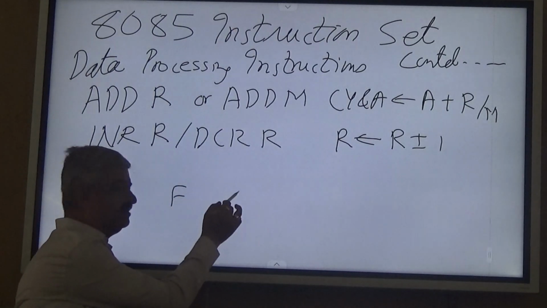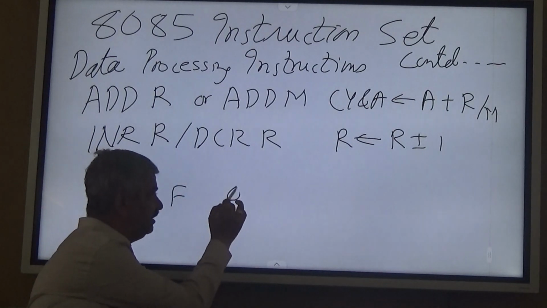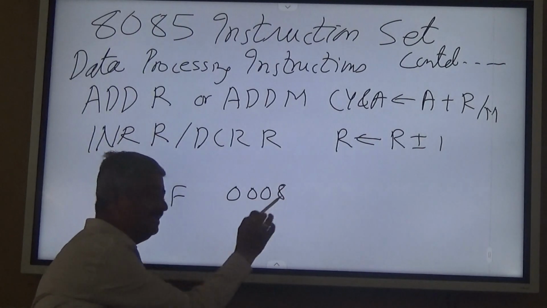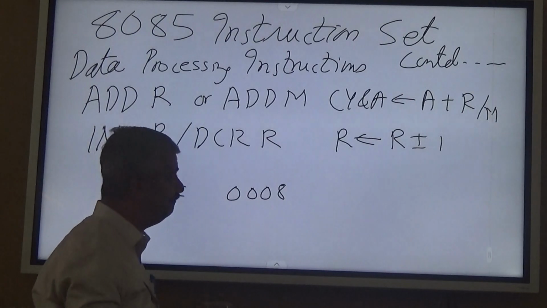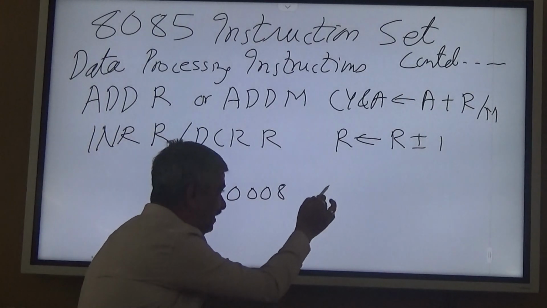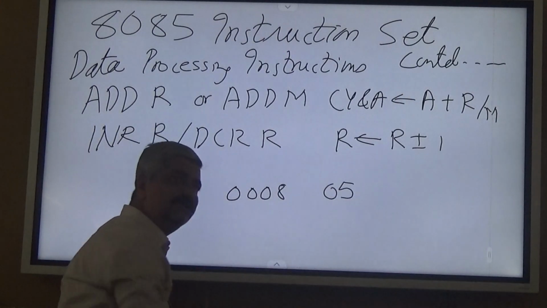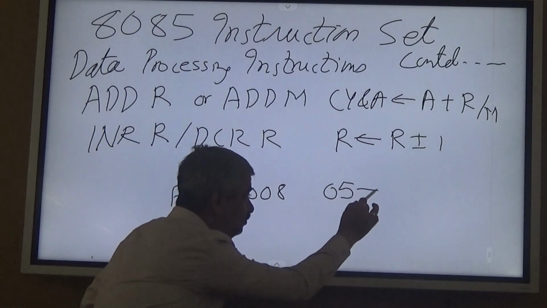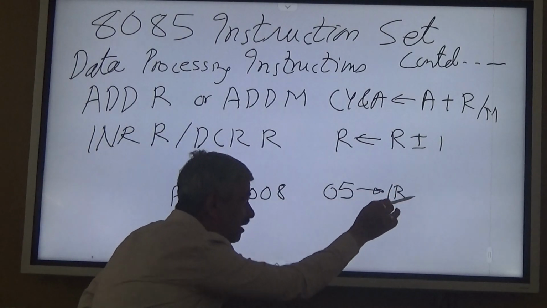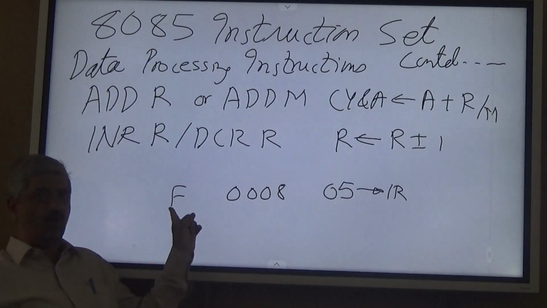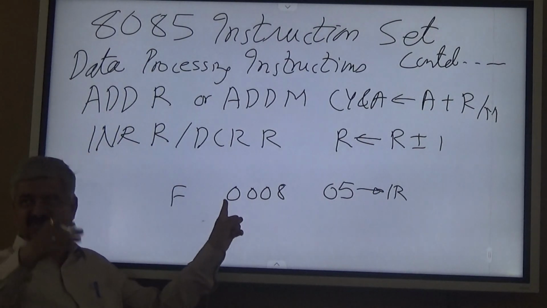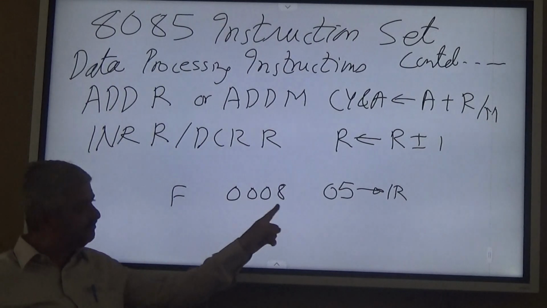Opcode fetch from some address, say 0008 address. Data for say decrement B. If we take decrement B, 05 is the opcode. It goes to IR, right? Opcode fetch. Let the instruction be at 0008 location.